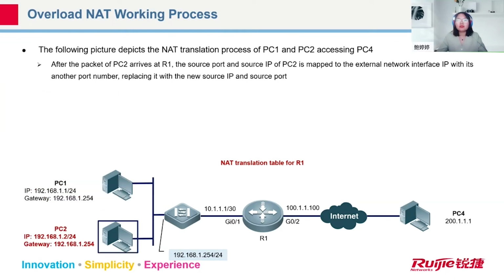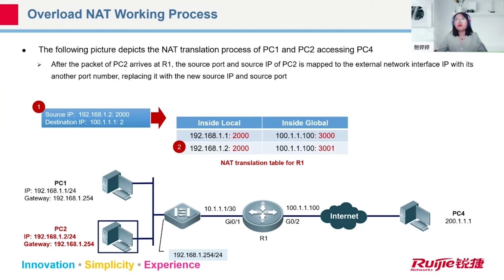But at the same time, if PC2 wants to visit, here is the source and destination, and then we will take the same public IP address, 100.1.100, and the difference is we will use 3001 to indicate PC2.